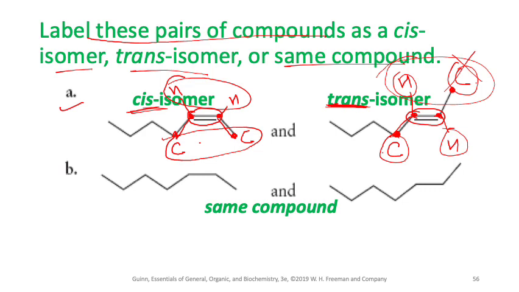What about this one, B? If you have this compound, 1 2 3 4, and then you have the second compound, what's the difference between them? Nothing, because if you start from this end and go all the way, you end up with the same number of carbons.